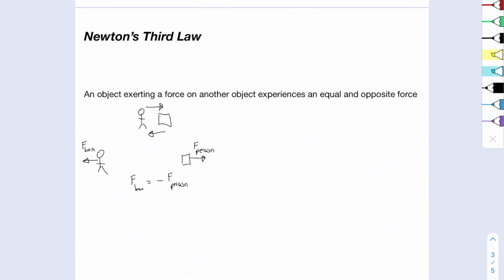Now, a very important example of third law pairs is normal force. A normal force is the force that a surface exerts on any object resting on the surface in order to make sure that the object doesn't just fall straight through the surface.